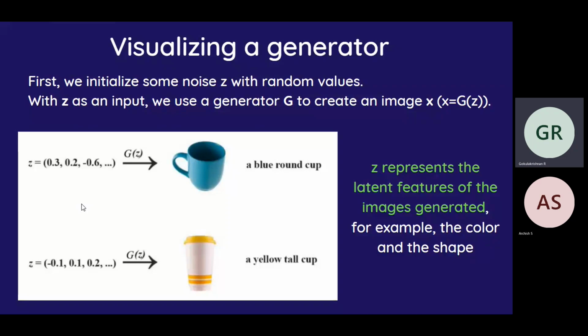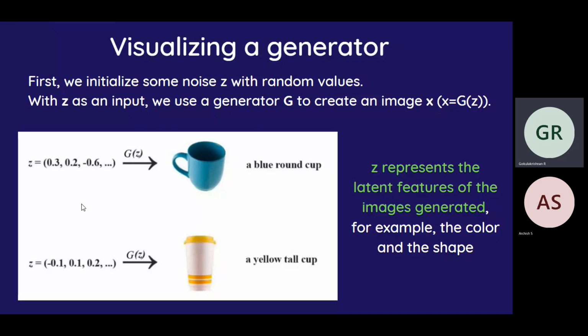So what's going on here? You input a vector and you get an image, and you can see the features change: blue converts to yellow, and round becomes tall. This is exactly one of the issues with deep learning. You don't know what's going on underneath. You just know that during training, the generator is somehow trying to connect these numbers to certain features.